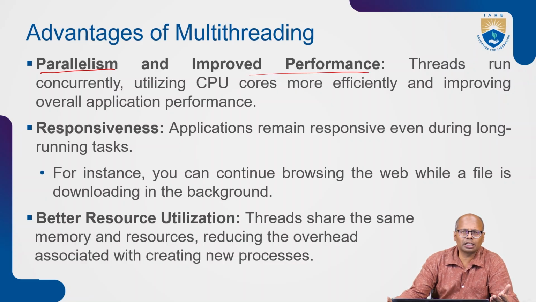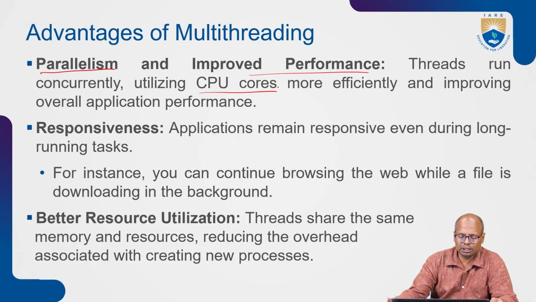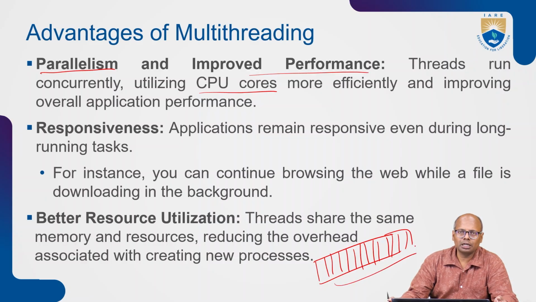The next is the utilization of CPU cores. As I said, I may have many cores, and if I keep all these cores idle and use one core at a time serially, then all these resources go to waste.